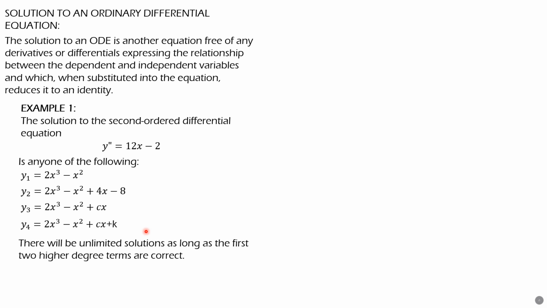So y prime is equal to 6x squared minus 2x plus c. That's the first derivative, and the second derivative would be 12x minus 2, which is this.